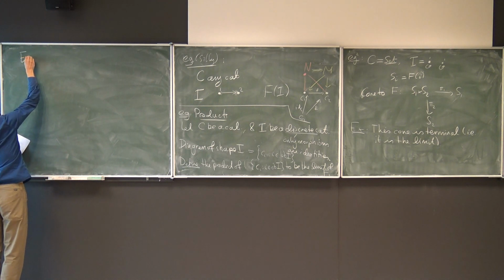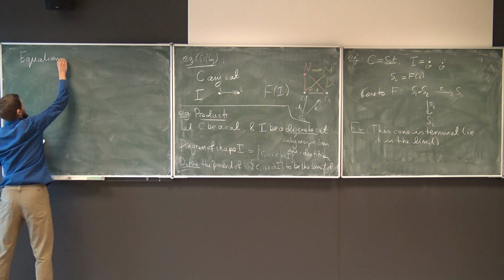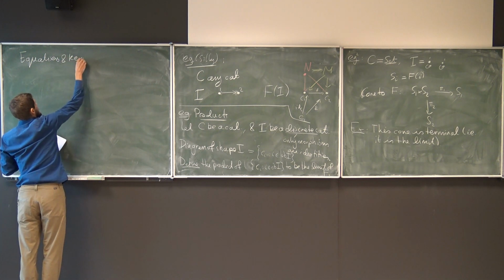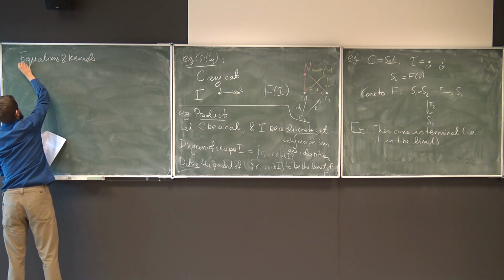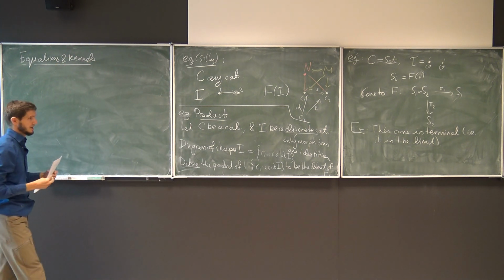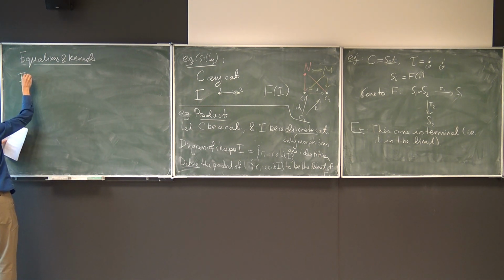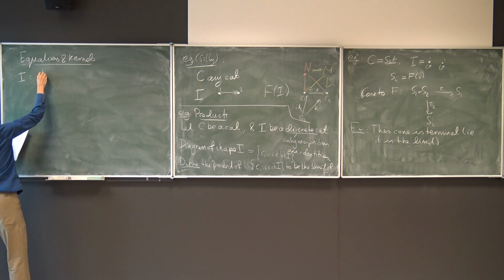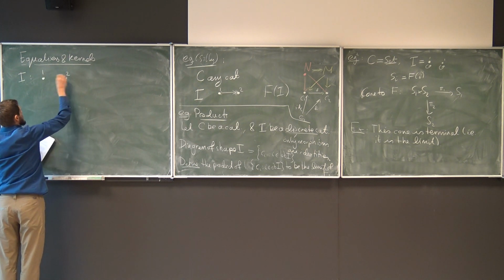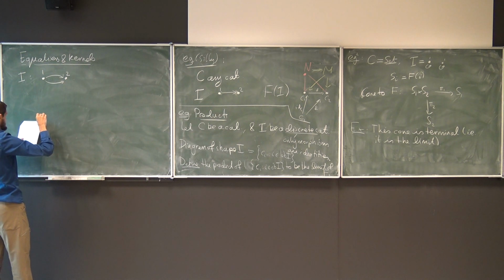So the last example, equalizers and kernels. Again, I'm going to take a rather small shape category. It's going to have now two objects and two non-identity morphisms. So I is going to be the following category. Since there are two arrows, maybe I should give them names.